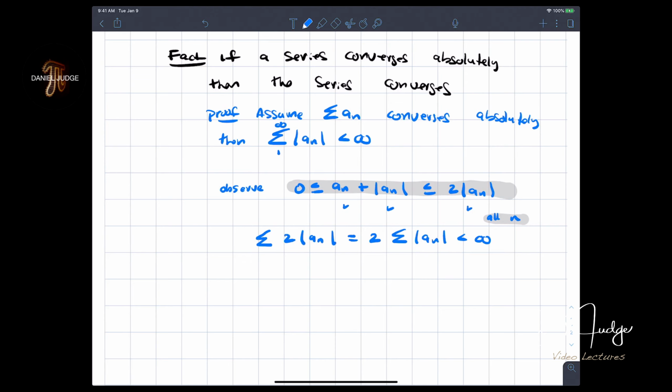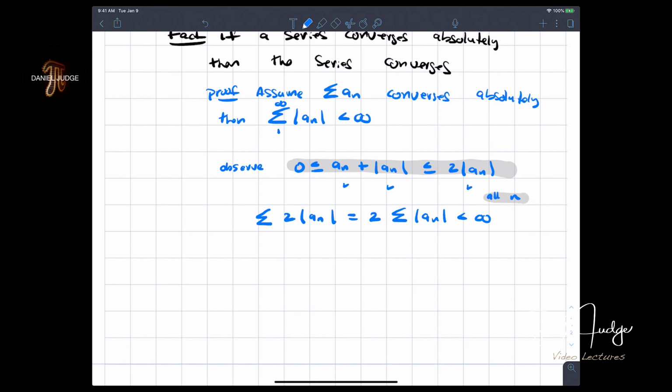So we know that this is valid so far. And then that also implies that the sum of a_n plus the absolute value of a_n has to also be finite by the comparison test.